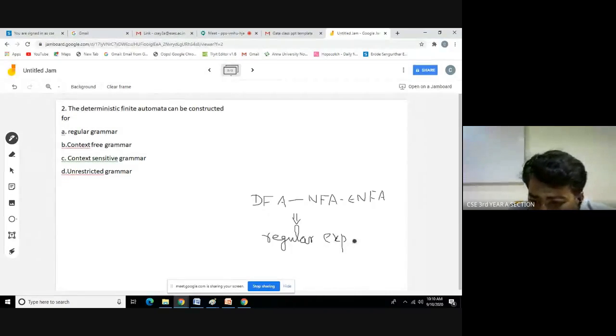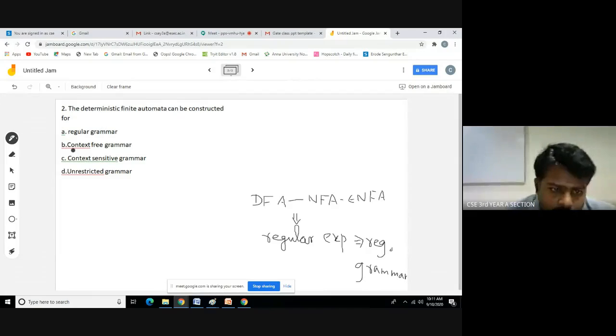How is this regular expression considered? It is nothing but your regular grammar. To construct finite automata, you must know about regular grammar. Either DFA, NFA, or epsilon NFA can be constructed only through regular grammar, not through context-free grammar, context-sensitive grammar, or unrestricted grammar.